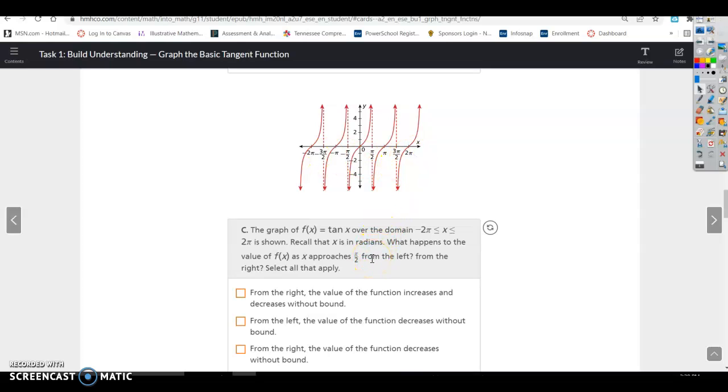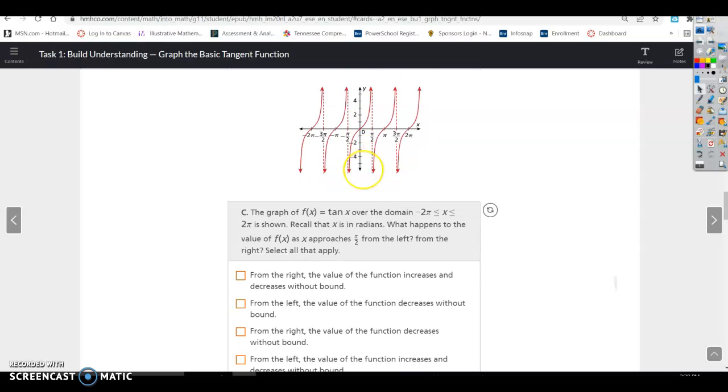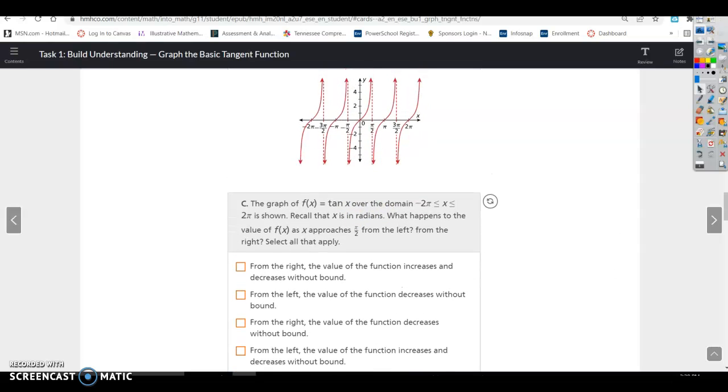All right, what happens to the value of f of x as x approaches pi over 2 from the left? So you can see that it's approaching pi over 2. So what happens to this function? So let's see. From the right, the value of the function increases and decreases without bound. Okay, so it's not doing both. From the left, the value of the function decreases without bound.